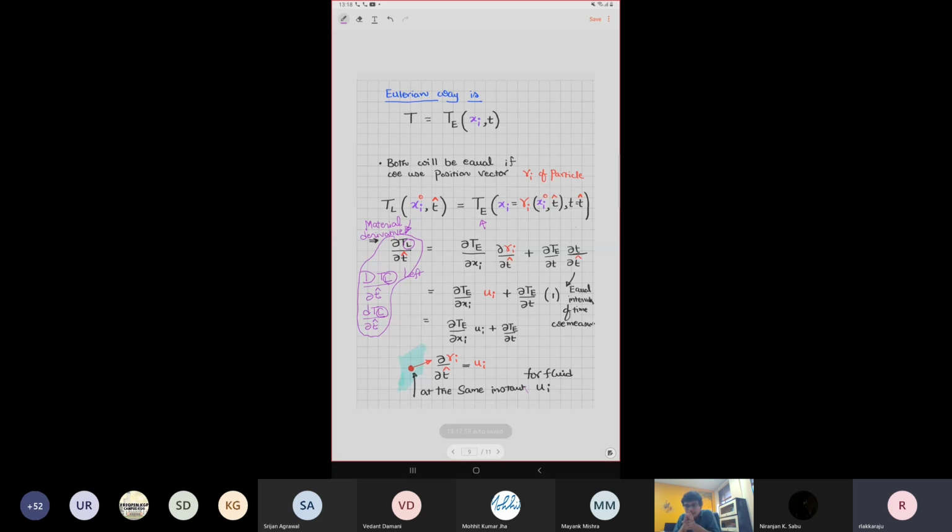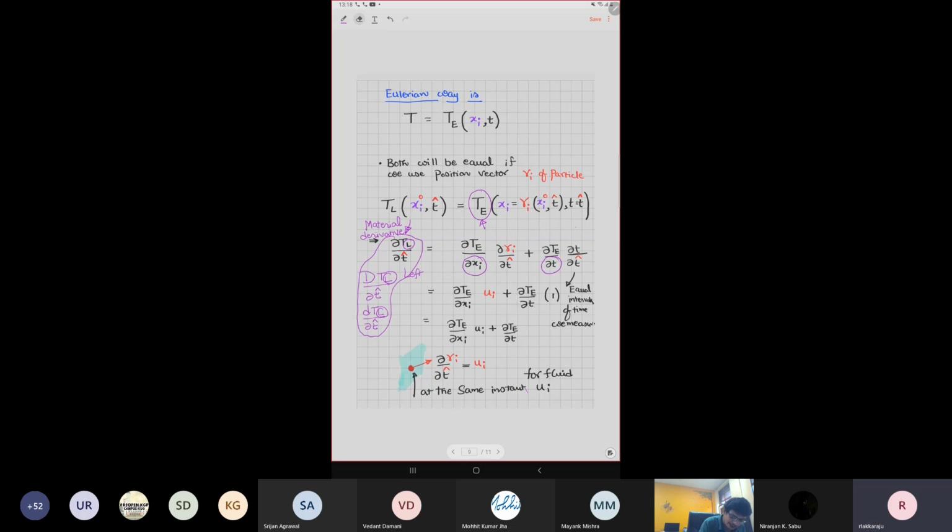Mathematically, that is what we are trying to do: the rate of change of this entire quantity with space and with time. The material is moving in space and time from one location to another on the Eulerian. So the rate of change has to include the change at the given space and also the change in time. The chain rule comes into the picture.